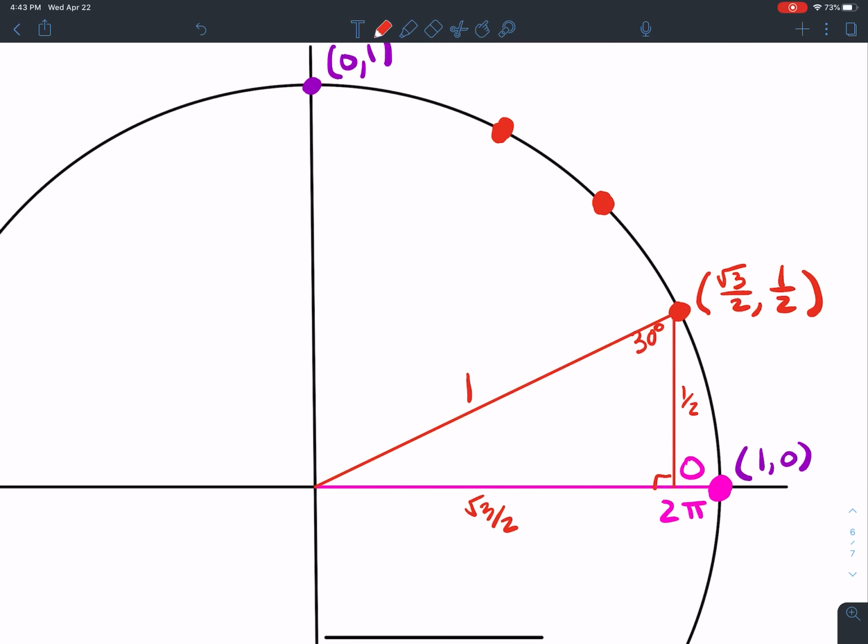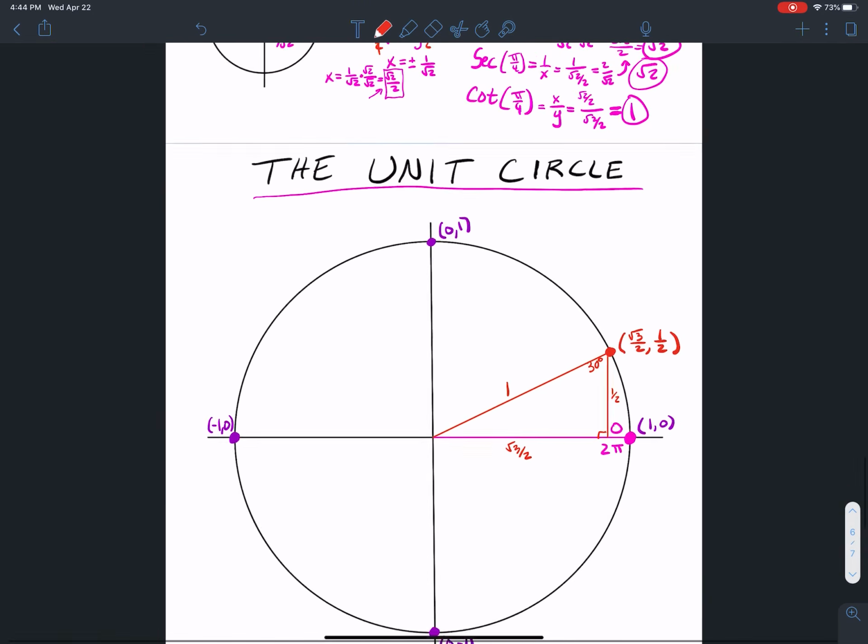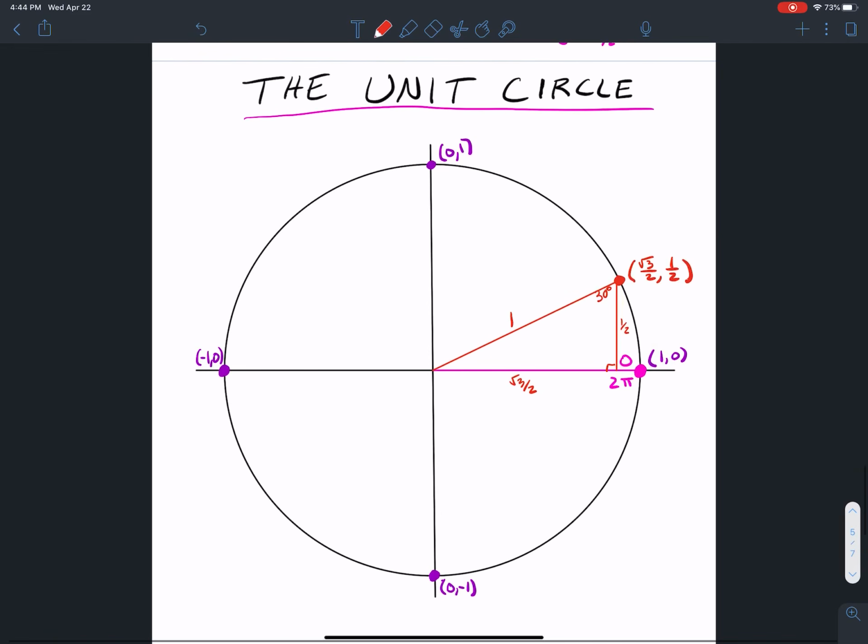Okay? I'm going to delete these 2 points for now, because what I want to do is use the symmetry of the unit circle to get these values going around here. So this angle right here, this theta here, this is 30 degrees, which is pi over 6.